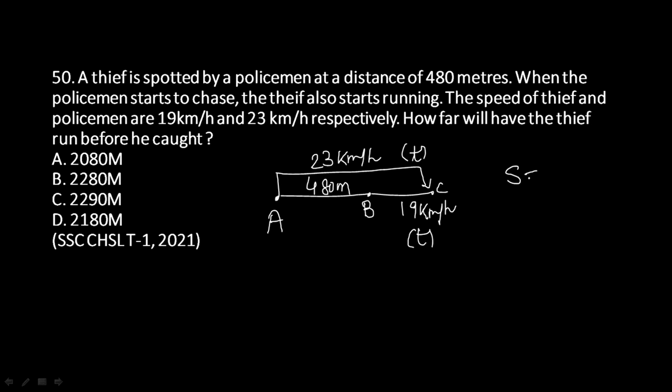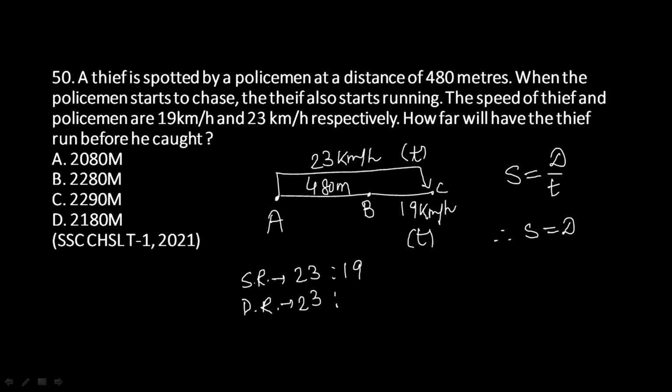So what do we know? Speed is equal to distance upon time. When t is constant, then speed is proportional to distance, right? So it can be said that the speed ratio 23 is to 19 is equal to the distance ratio 23 is to 19.